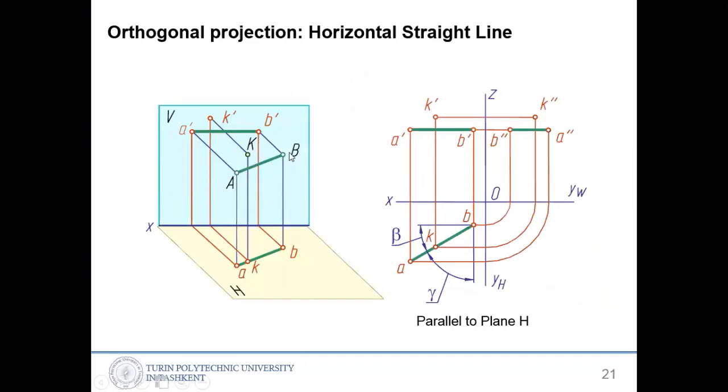Here you can see the projection of it on the plane H. The line is parallel to H, so it is straight like this, and in the profile projection it is also straight. The point is given as K dash, K double dash, and K itself.